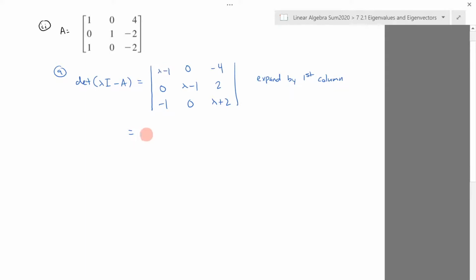And so it's lambda minus 1 times the determinant of this submatrix, and then minus 0. Okay, so this is already going to be all zeros, but anyway, then it's these 4 entries, and then plus negative 1. Okay, so plus negative 1 becomes minus 1. And then it's these 4 entries.